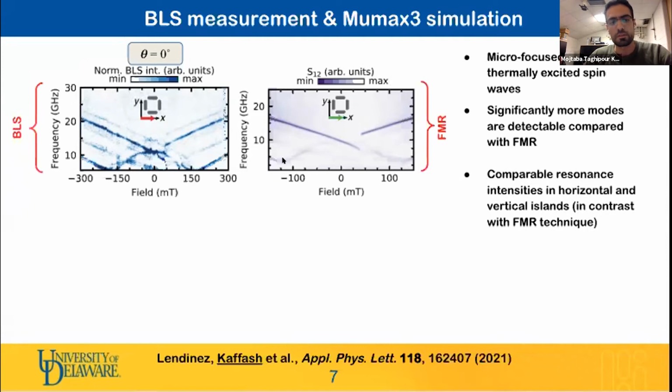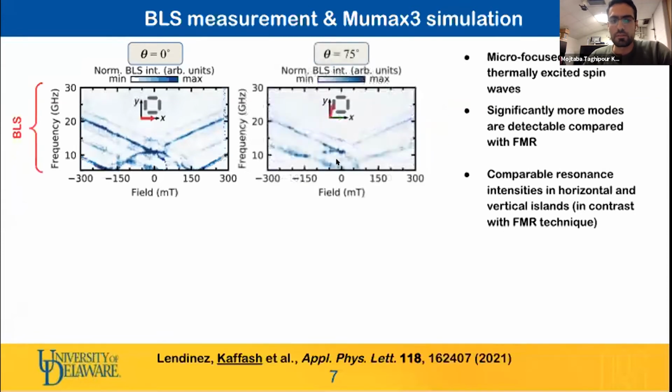For example, in the FMR technique, we have this one in the horizontal island, much more intense than the one in the vertical island. But here we don't, the intensities are comparable. We further measured the sample at 75 degrees with BLS, and here's the result.